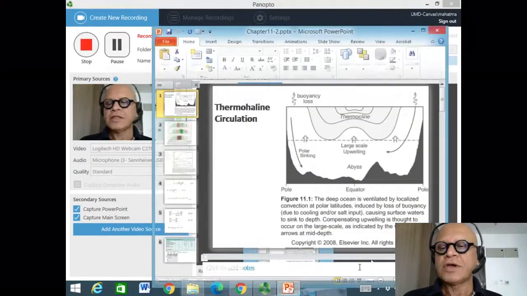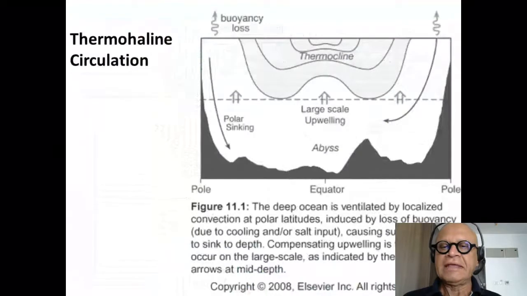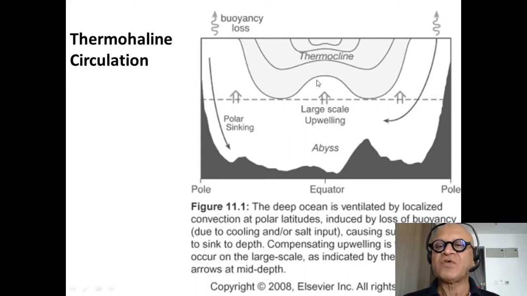Let's now look at the heat and salinity balance, which is obviously critical for looking at dense water formation. This is the meridional section that we have seen in other forms before, showing the convection at polar latitudes with buoyancy loss creating sinking of water.